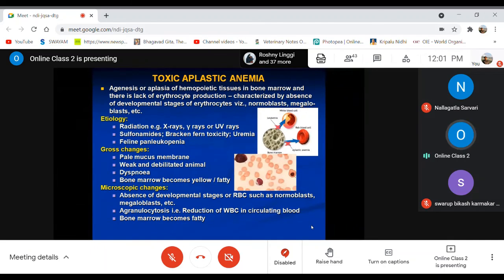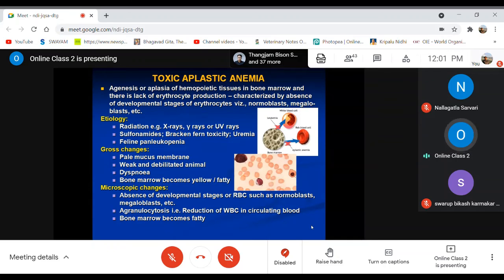But this development or production of RBCs from the hemopoietic tissue in the bone marrow will not be there, and there may be lack of erythrocyte production, very little or no production, though mostly less production.